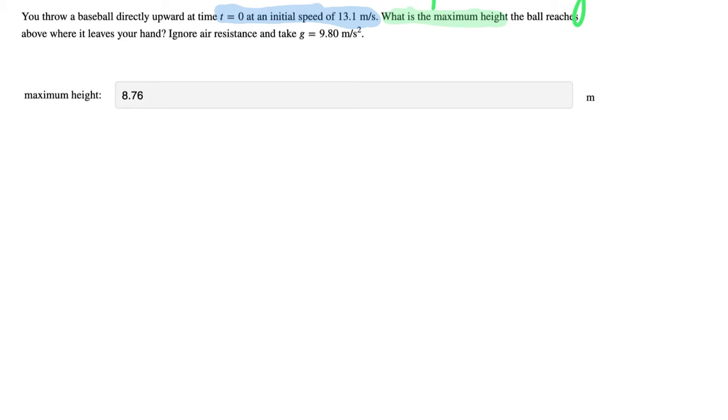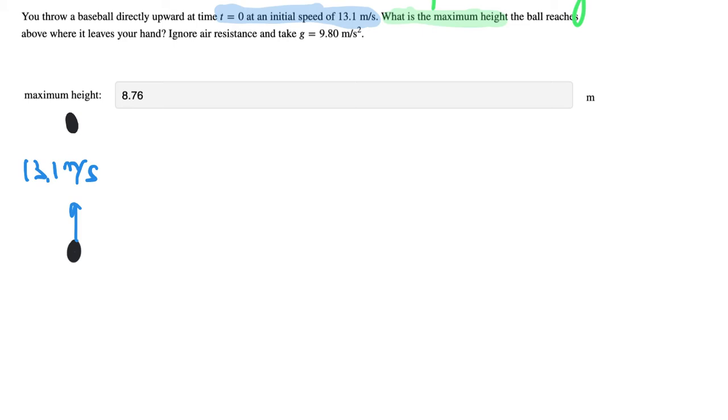Let's draw a picture. So here's the ball. It leaves your hand at 13.1 meters per second. And then it goes up to some other height, and we'll make that the maximum height.